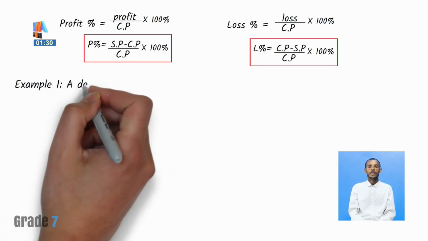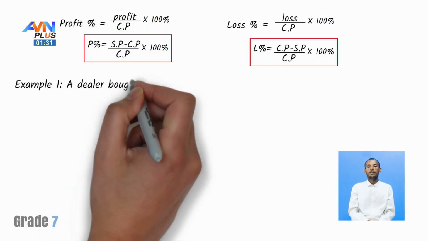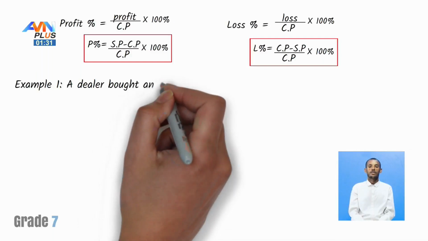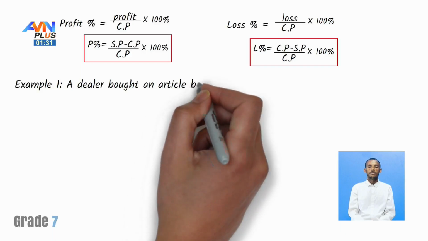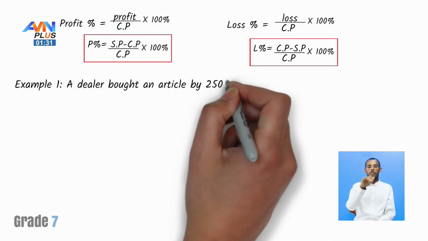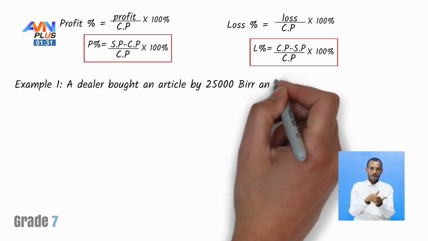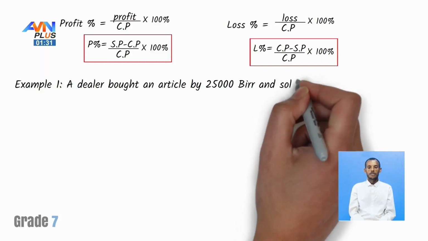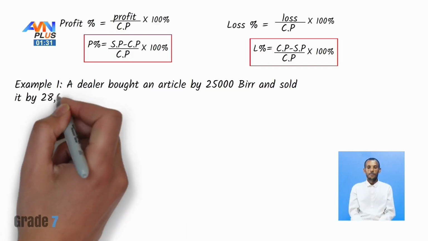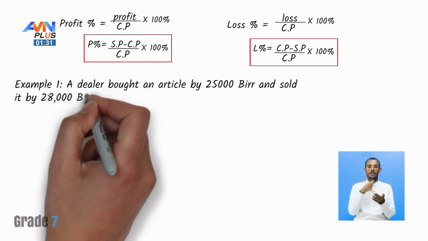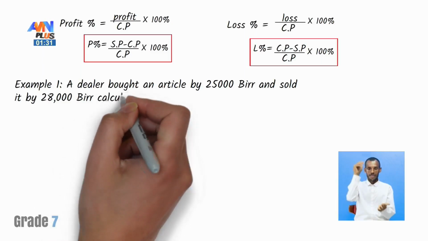A dealer bought an article for 25,000 birr, and sold it for 28,000 birr.